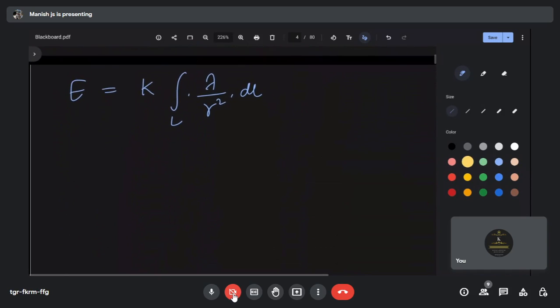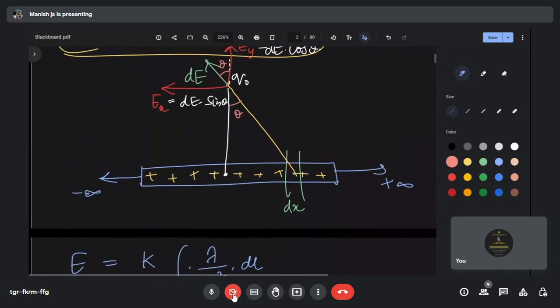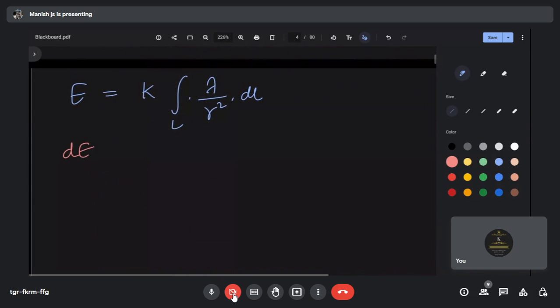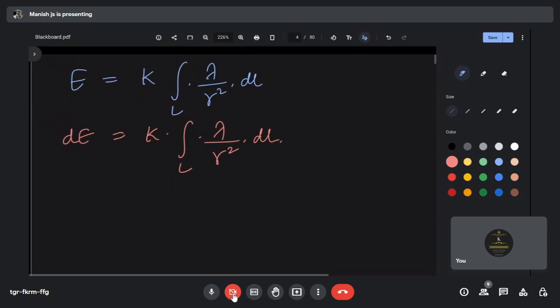So substitute that value. Here the electric field is due to a small element, so you can write E as dE. dE can be written as K times lambda upon r square into dl, along the length. Because we are finding the small electric field experienced due to the small element dx, we write it as dE.